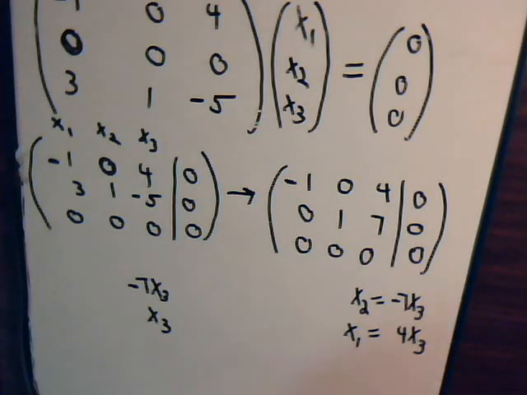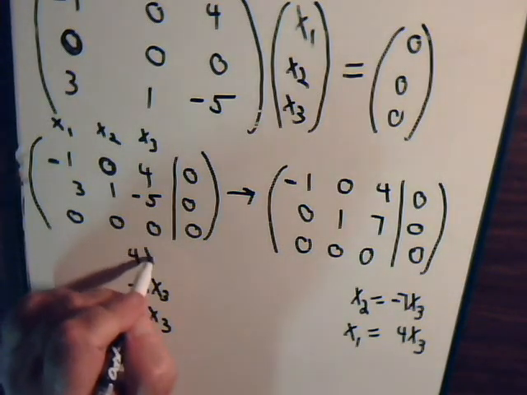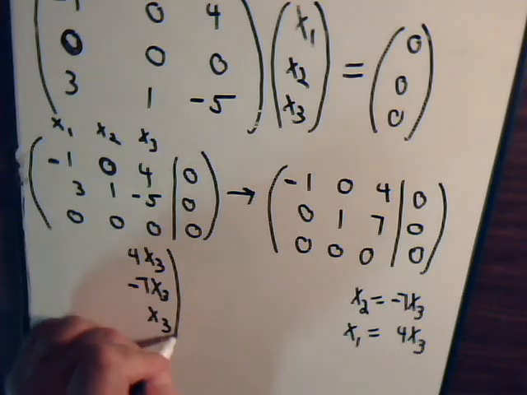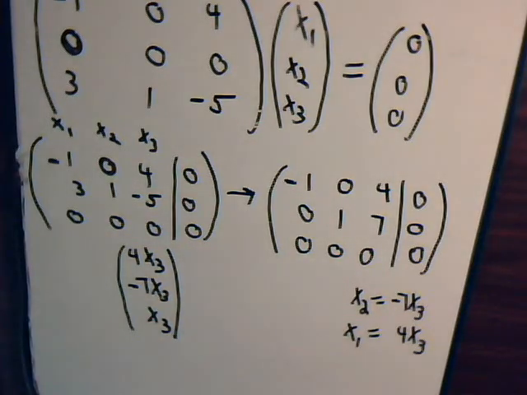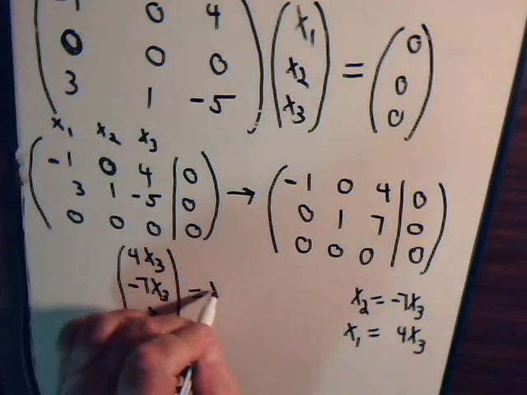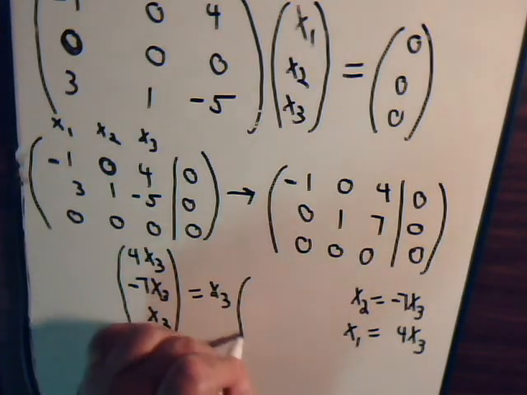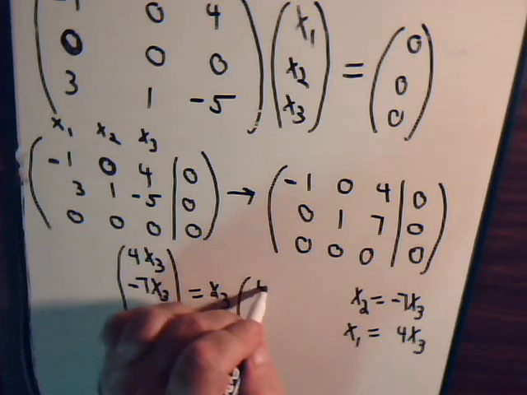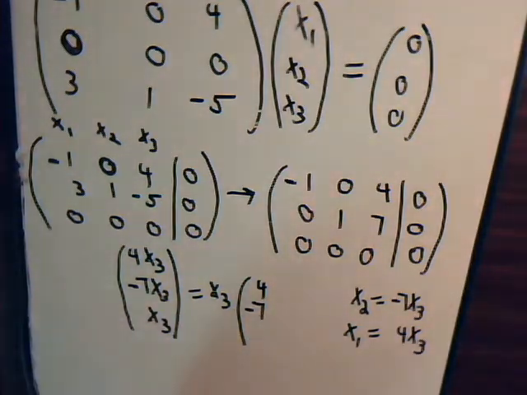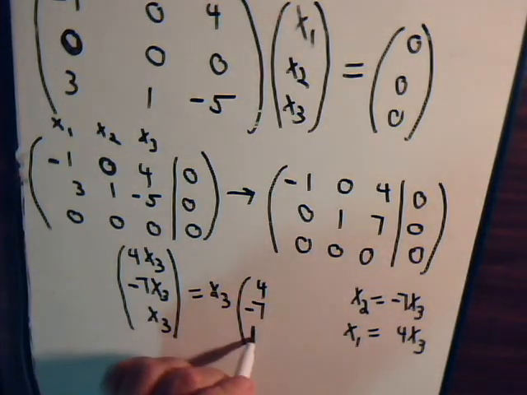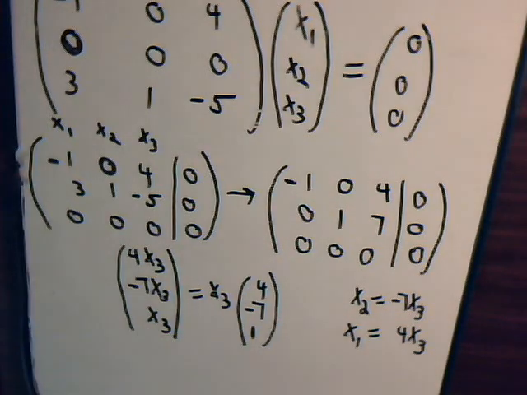And x1 is plus 4x3. So there's the corresponding eigenvector, we can take the x3 out. That will equal x3 times 4, minus 7, 1. So this is the eigenvector.